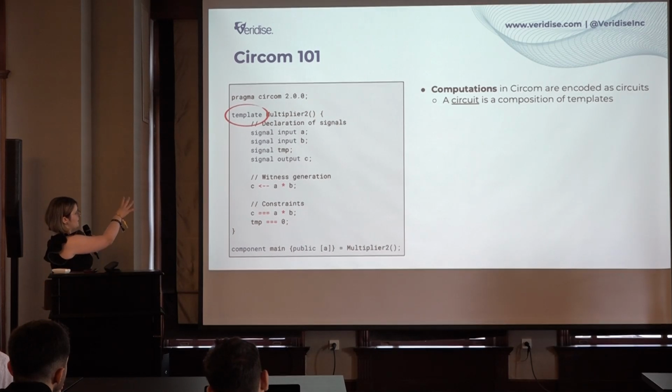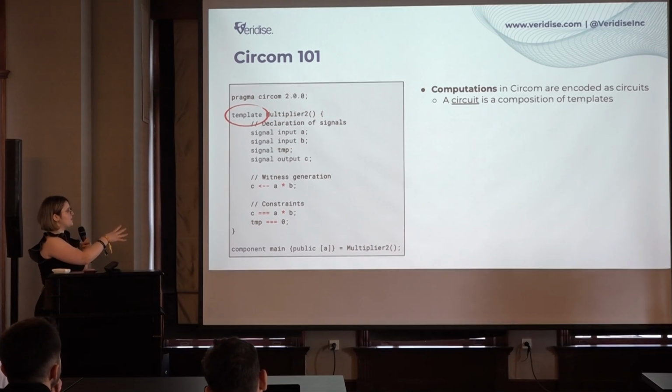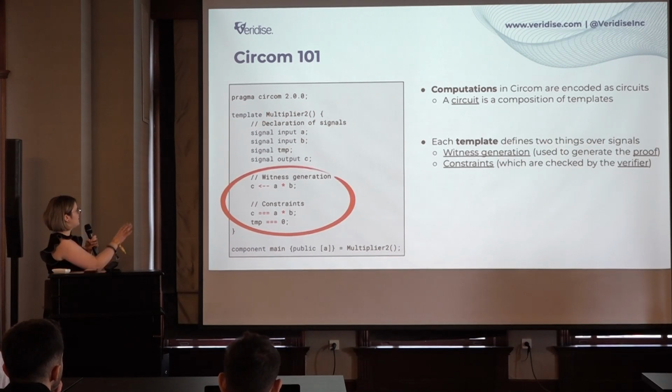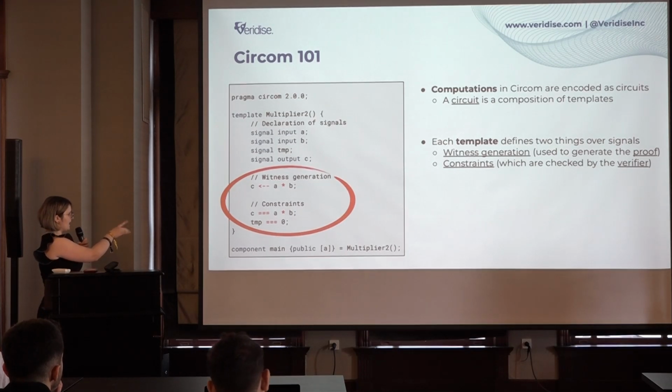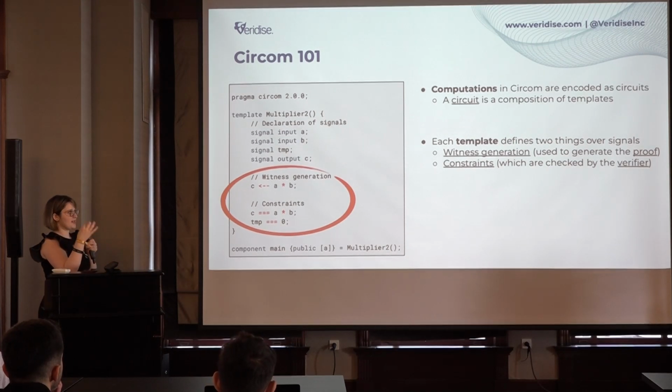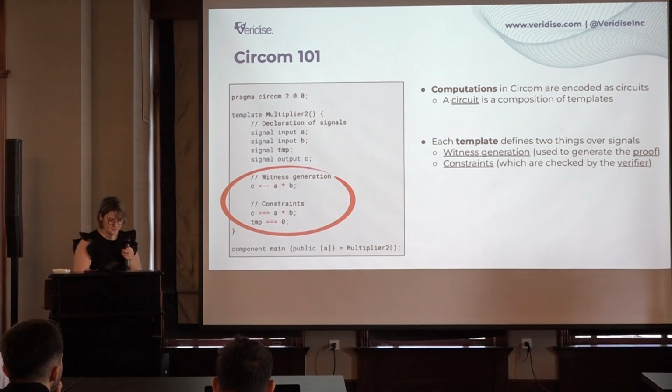As you can see in this example, a circuit is a composition of templates. Each of these templates defines two elements, the witness generator and the constraints. The witness generation is used to generate that proof we saw earlier, and the constraints are used by the verifier to check if the proof is indeed correct.